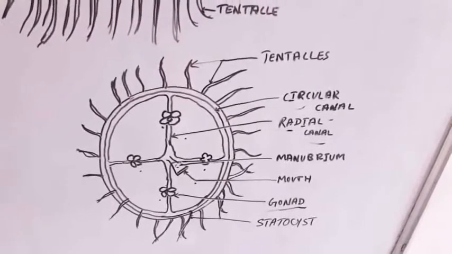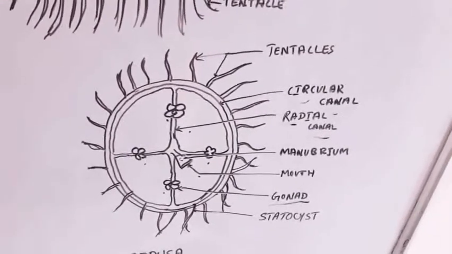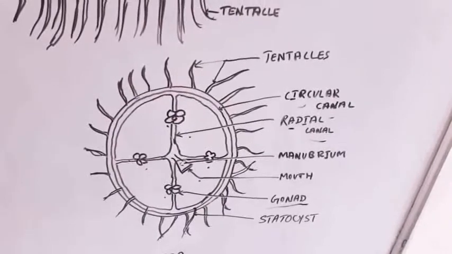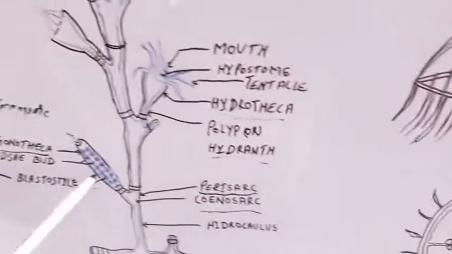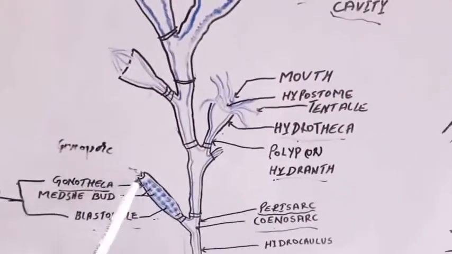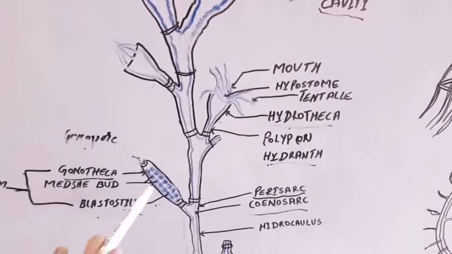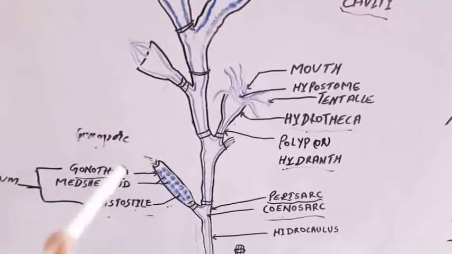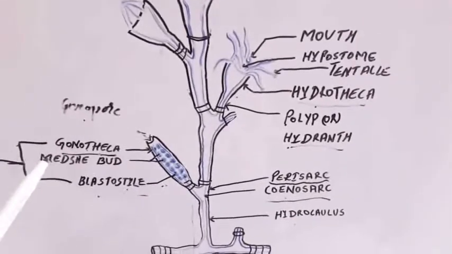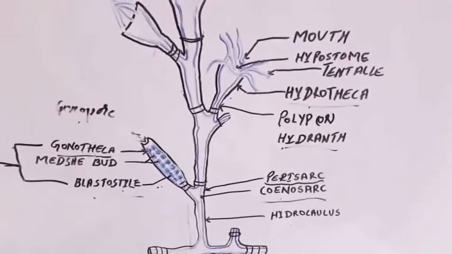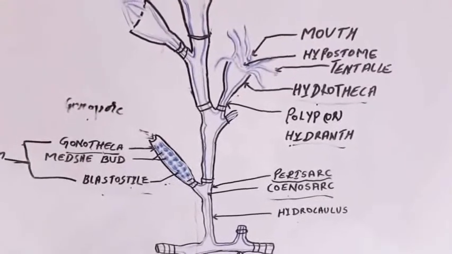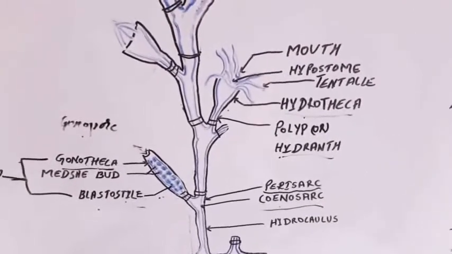The gonads mature after the medusae escape through the gonopore. The edge of the umbrella projects inward as a thin fold called the velum.